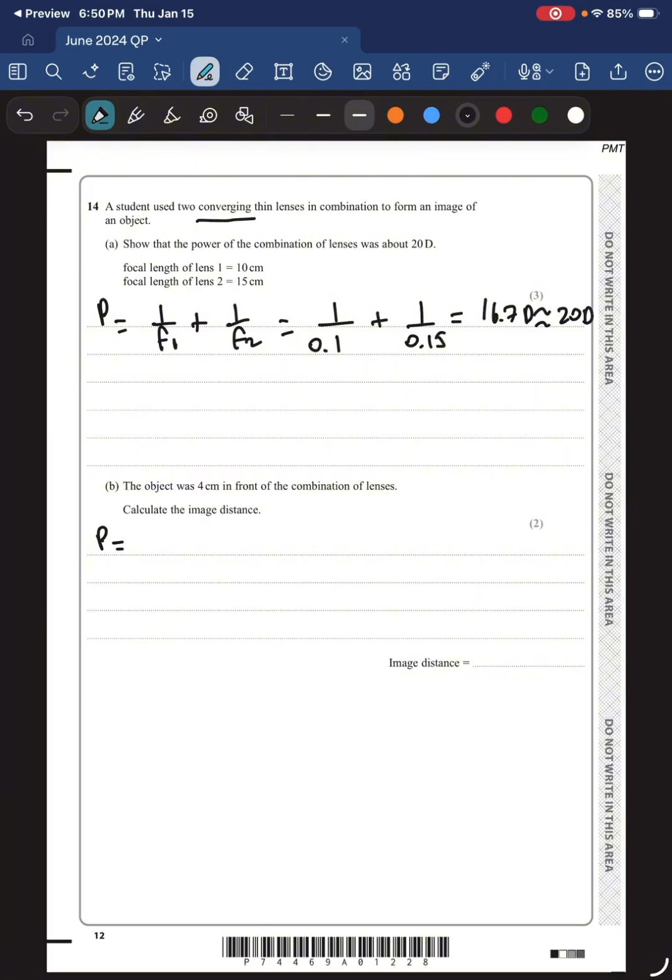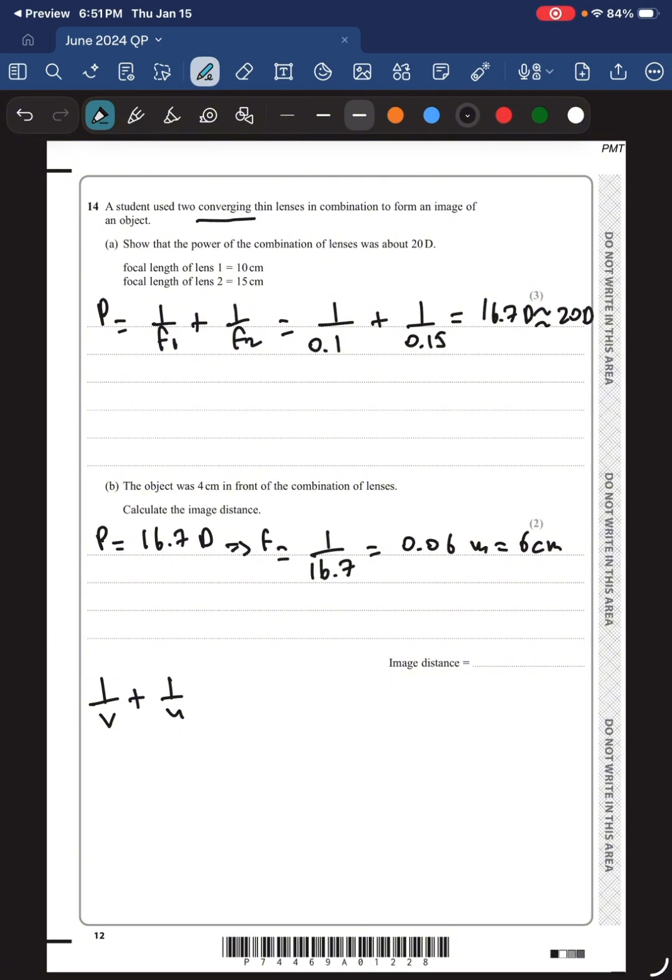So since P is 16.7 D, this means that F is 1 over 16.7, which is 0.06 meters or 6 centimeters, okay? And then since 1 over V plus 1 over U, what are we looking to find?